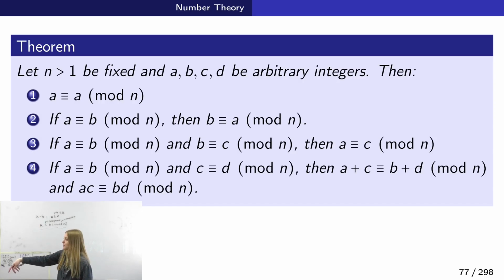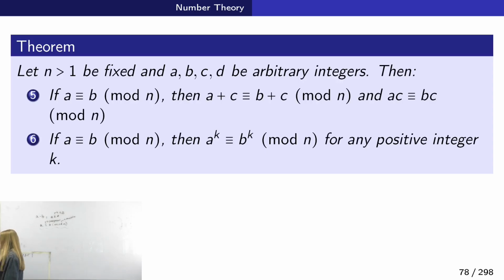If you wanted to prove these things, all you have to do is put it in division form and do some version of the first few proofs that I did. If we go to the next slide, 6 is one that's maybe not the most intuitive, but I'm not going to prove it. So take my word for it that 6 is true here.